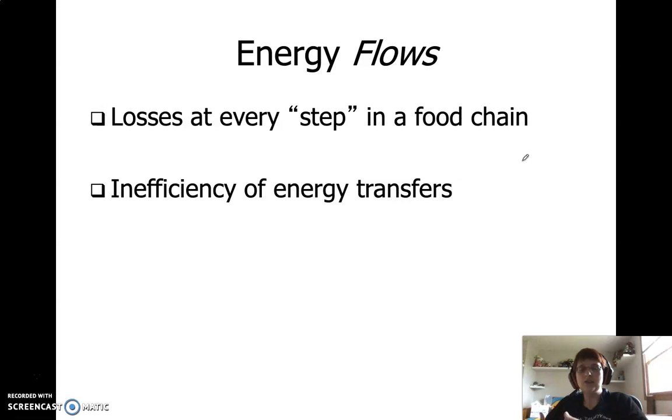It does not transfer everything. Some of it gets lost. And so what we call this is the 10% rule, meaning that only approximately 10% of the energy gets transferred from one organism to the other, as far as being able to be used to actually grow the organism.